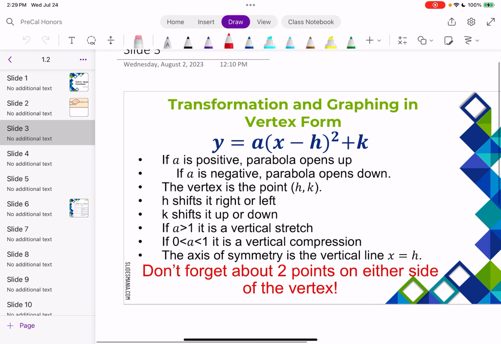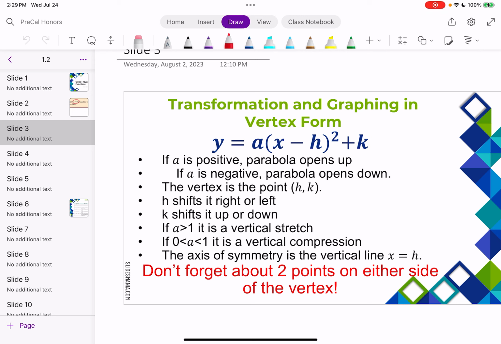We are going to start talking about transformations. A transformation is basically this: whenever you have a graph, the regular version, or the parent function, is what it would look like in its natural form.